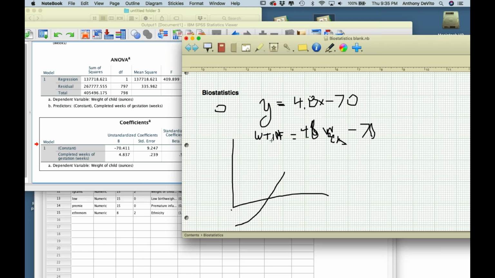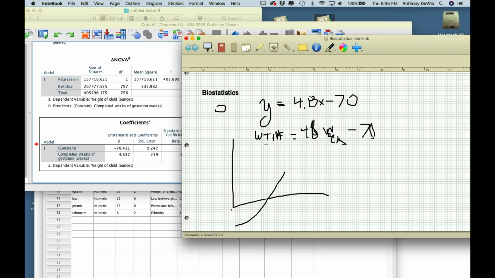So if you're an obstetrician, if you're doing obstetric research, and you want to study the impact of an extra week or 2 weeks or 3 weeks of gestation on the weight of an infant, well, this formula might be important to you.